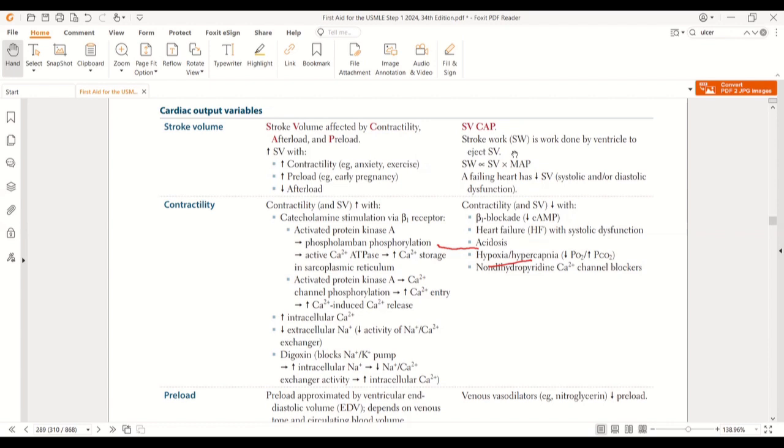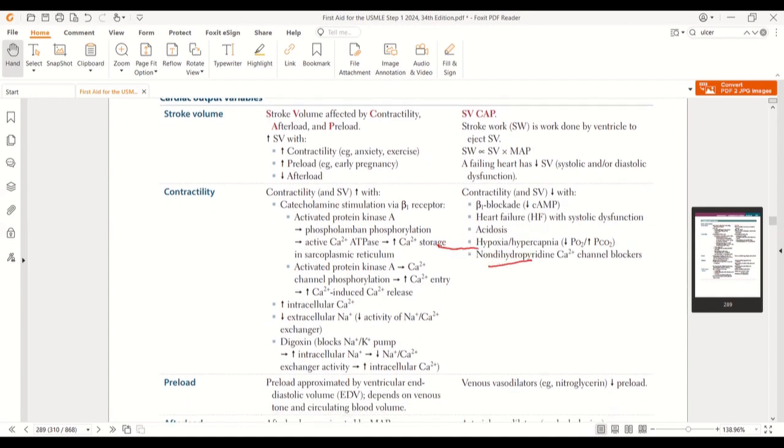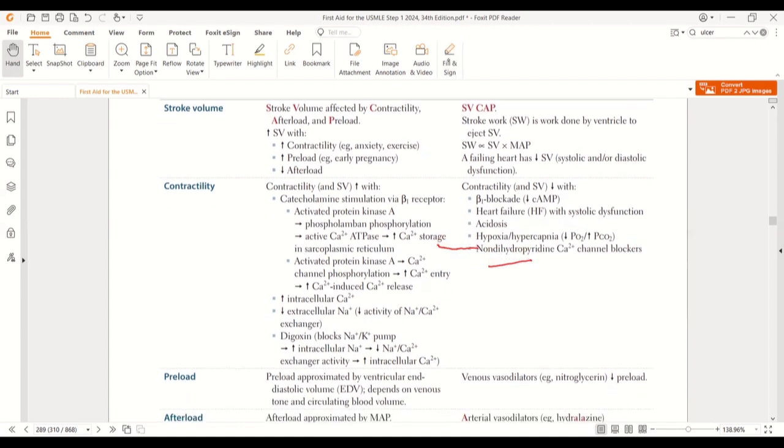Yes. So you have to remember SV CAP. SV CAP is basically stroke volume affected by contractility. If contractility is increased, stroke volume is increased. It is also affected by afterload. What is afterload?